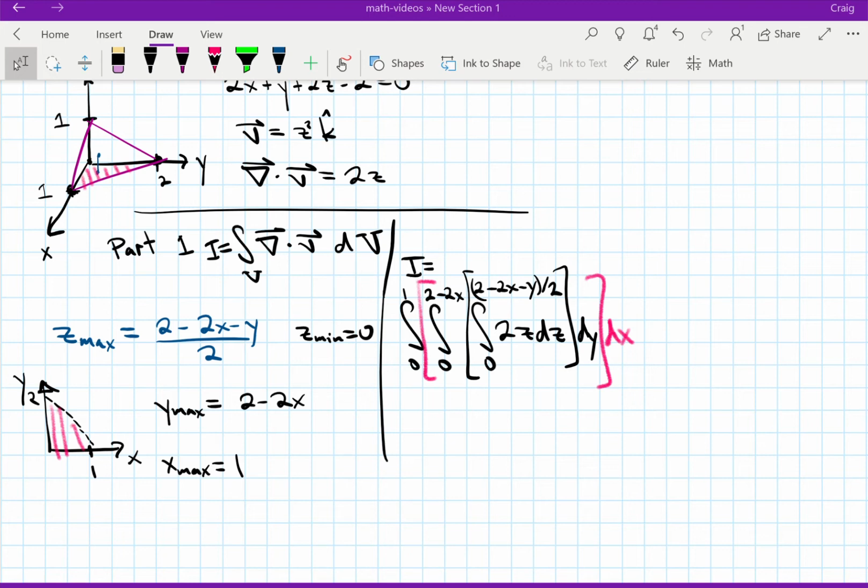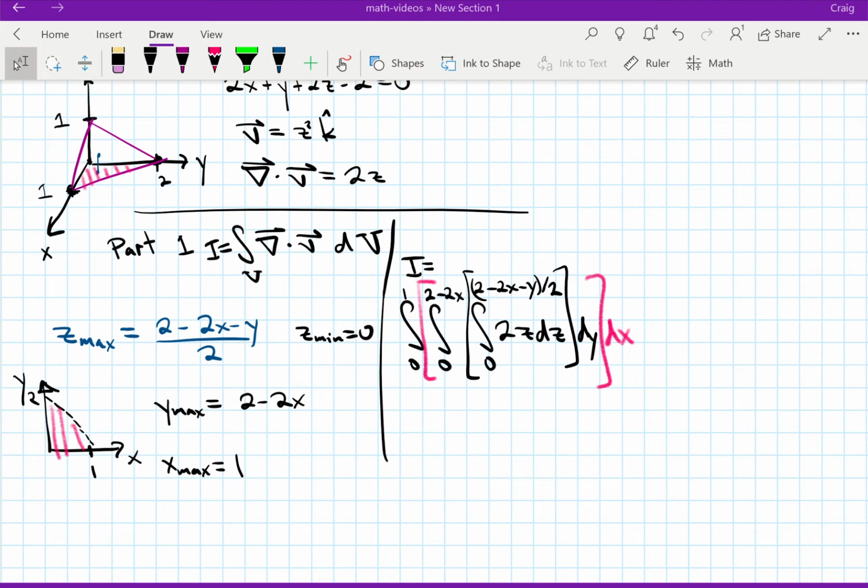Oh, I'm sorry, I'm integrating with respect to z. Okay, there's my answer. It's 1/4 (2x plus y minus 2) squared. That's what I get when I integrate over z from 0 to z max for given x and y.